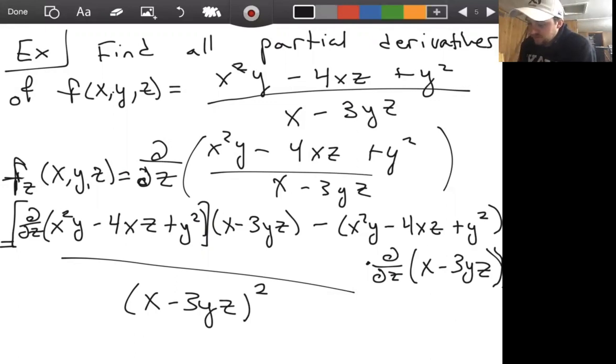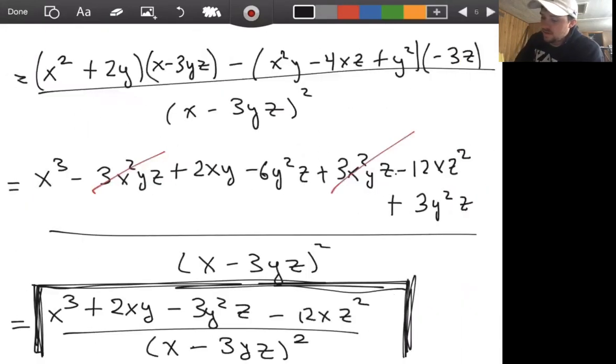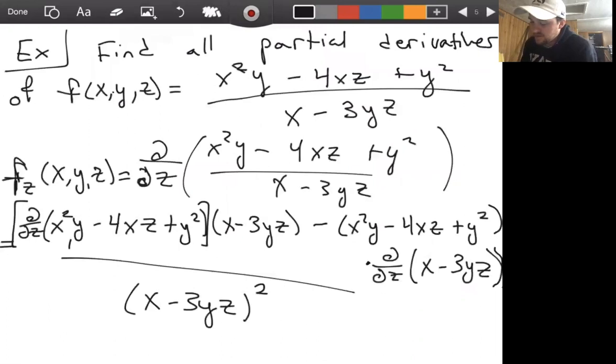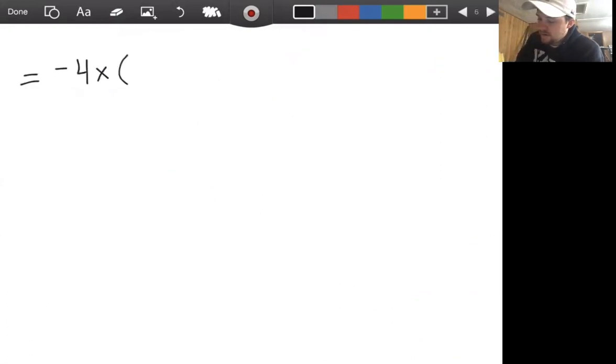So let's take the derivative of x squared y minus 4xz plus y squared. The derivative of this term will just be minus 4x, because the terms x squared y and y squared are constant with respect to the variable z. And this is times x minus 3yz.